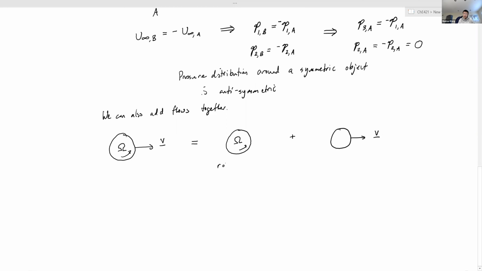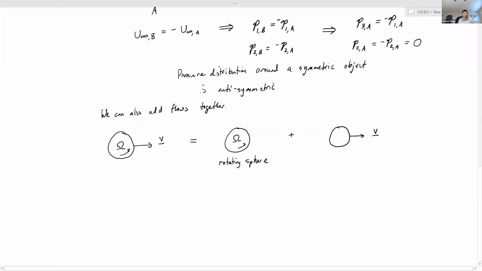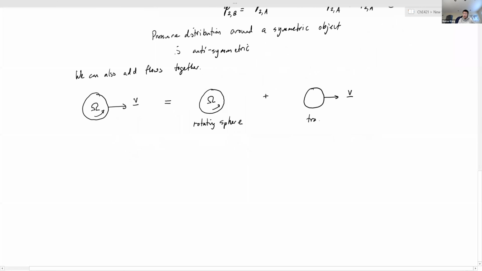This here is a rotating sphere. If my pen would work. And this here is a translating sphere.